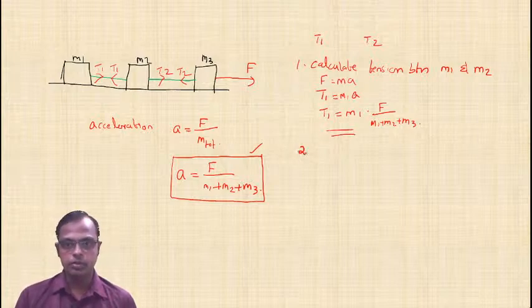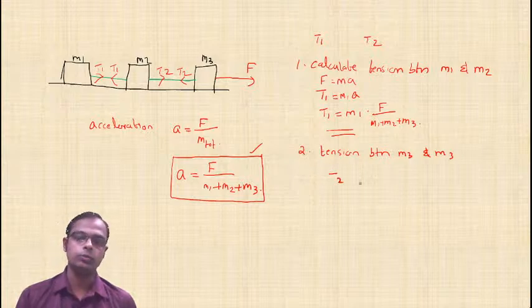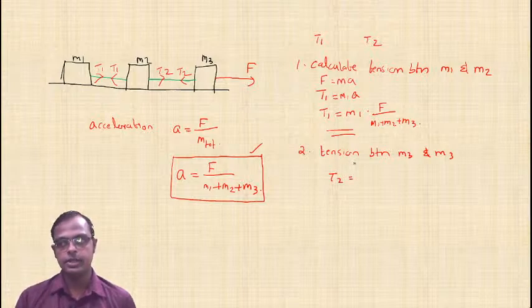Now let's calculate the tension between M2 and M3. That means you have to calculate T2. Look at the picture once again, everyone. This T2 makes which bodies accelerate towards the right? Type it, everyone.